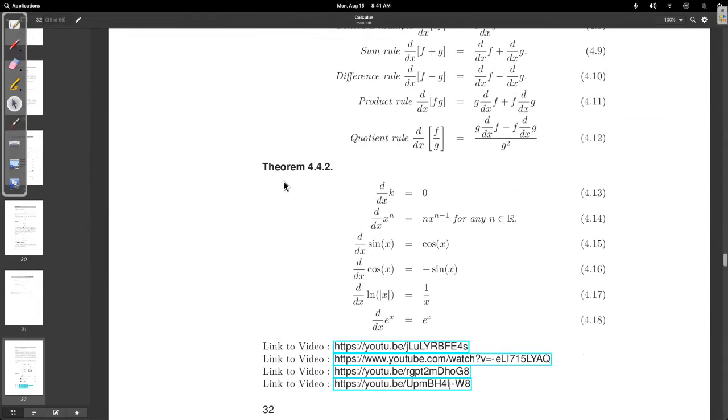You can get them using the definition. These are the derivatives of simple functions, and then we have these rules. All of them are derived using the definition I showed you.